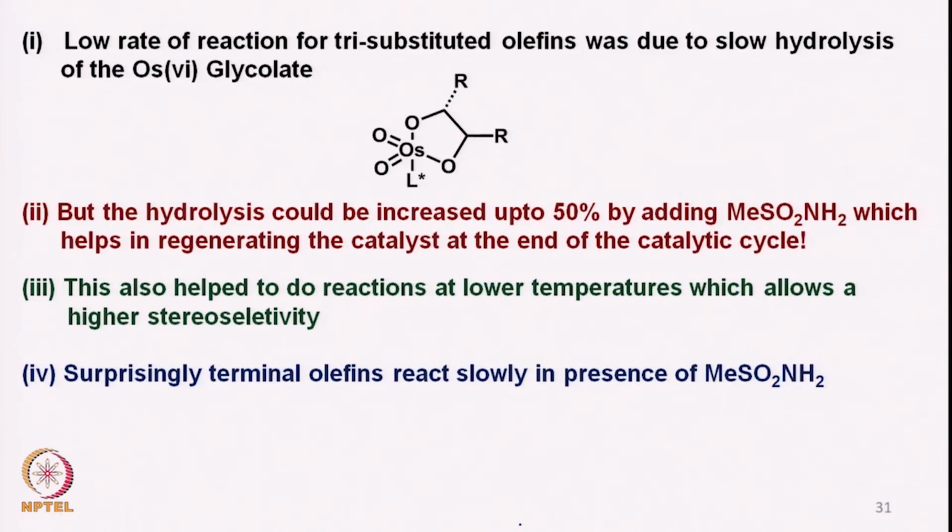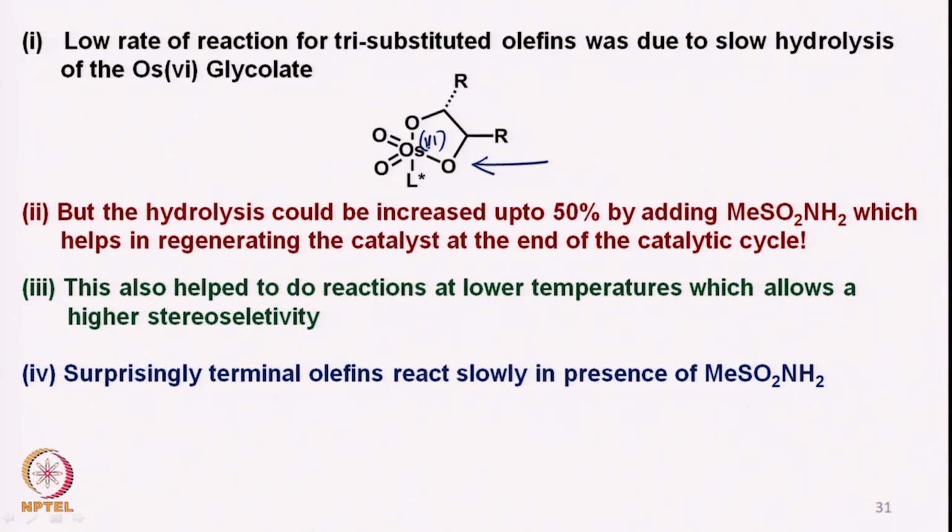Now the low rate of reaction of tri-substituted olefins, as we discussed, was due to slow hydrolysis of the osmium 6 glycolate, and this is what the osmium 6 glycolate is, and we saw that the hydrolysis of it is a must before it undergoes reoxidation.